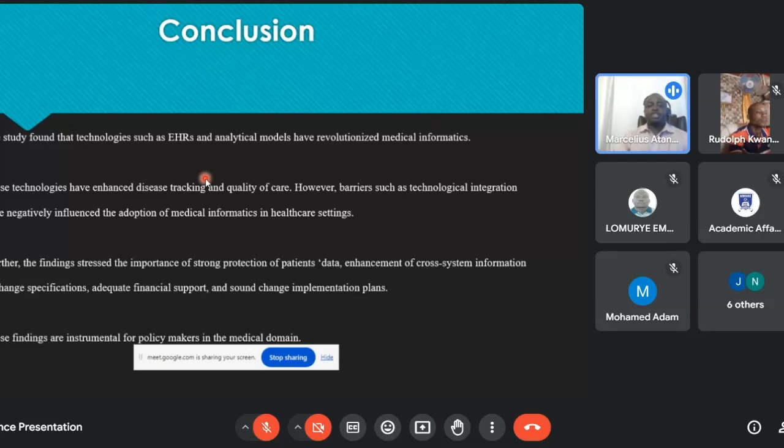Further, the findings stress the importance of strong protection of patient data, enhancement of cross-system information exchange, adequate financial support, and sound change implementation plan. These findings are instrumental for policymakers in the medical domain.